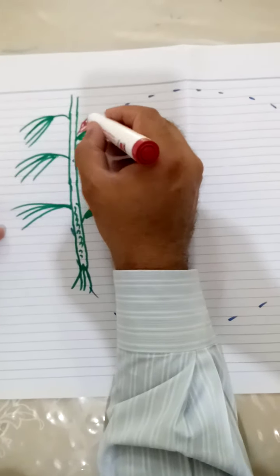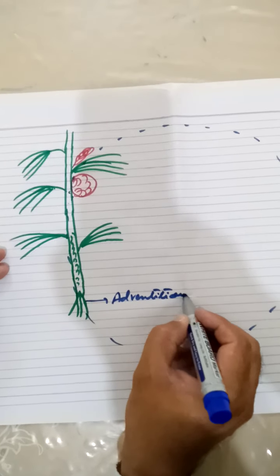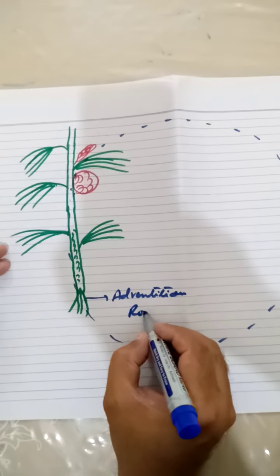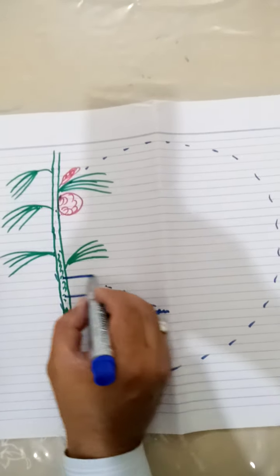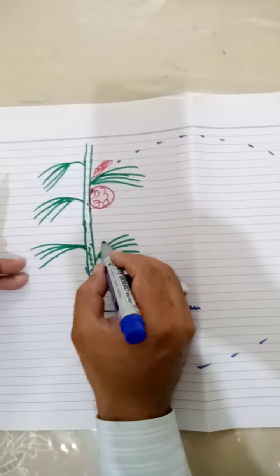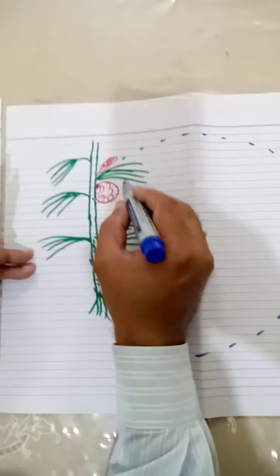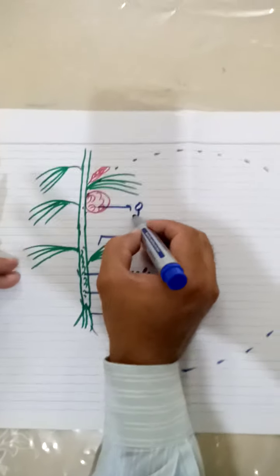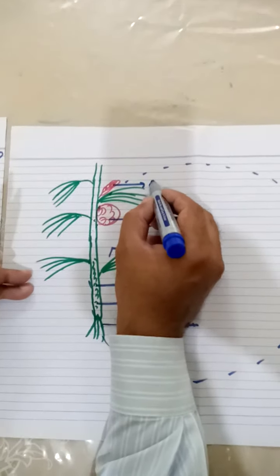These are adventitious roots. That is a stem. It contains scale-like leaves. These are called foliage leaves. It is a female cone. It is a male cone.